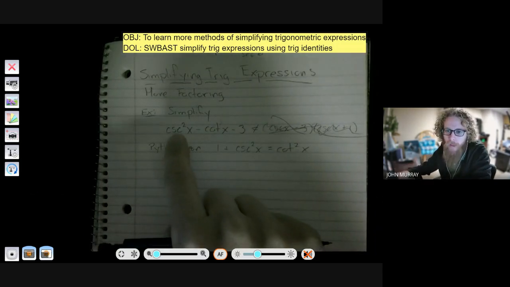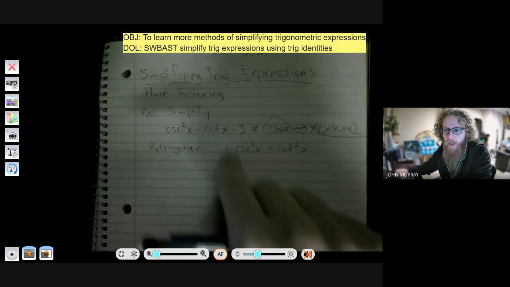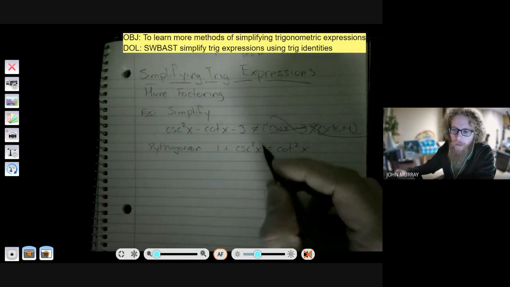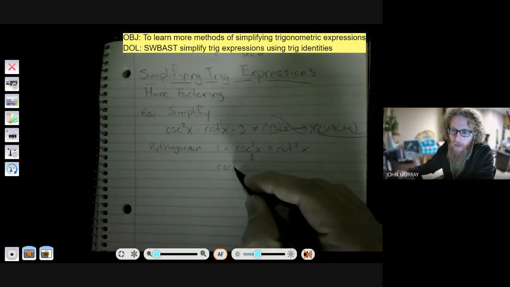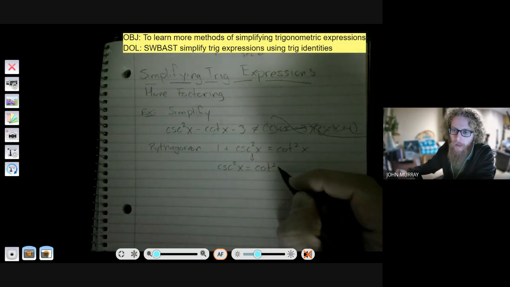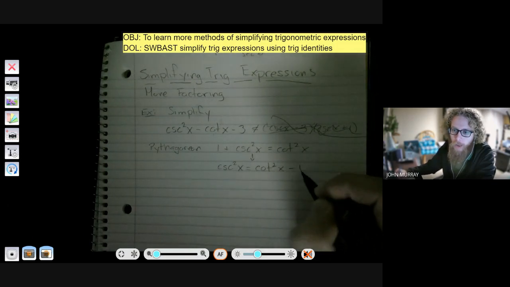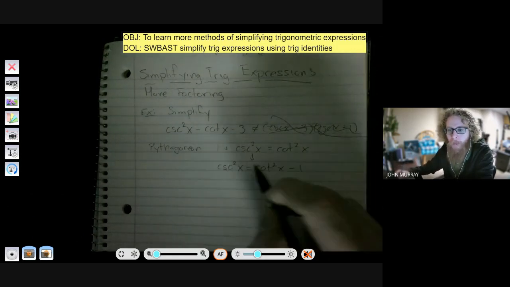So let me see if I can replace this cosecant. Well, cosecant squared, if I want to get this alone, I can rewrite my Pythagorean identity that cosecant squared is equal to cotangent squared minus 1 if I subtract this.